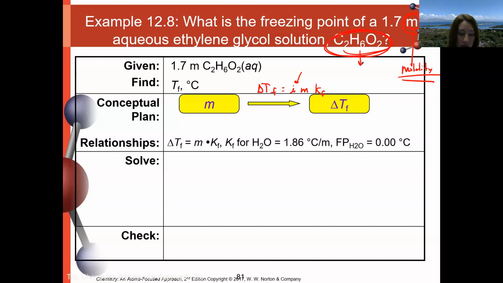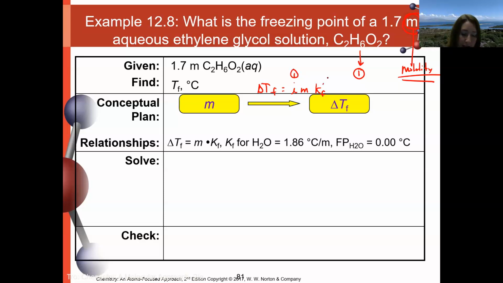It doesn't dissociate. It's just one thing. So in this case, i is just one, so we can just ignore it. Because all nonmetals do not dissociate. They stay together in water. So i, in this case, is just one.